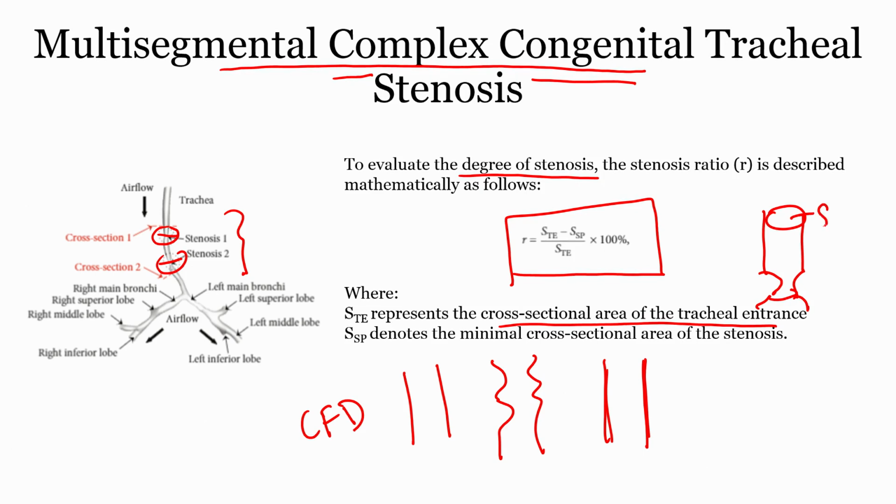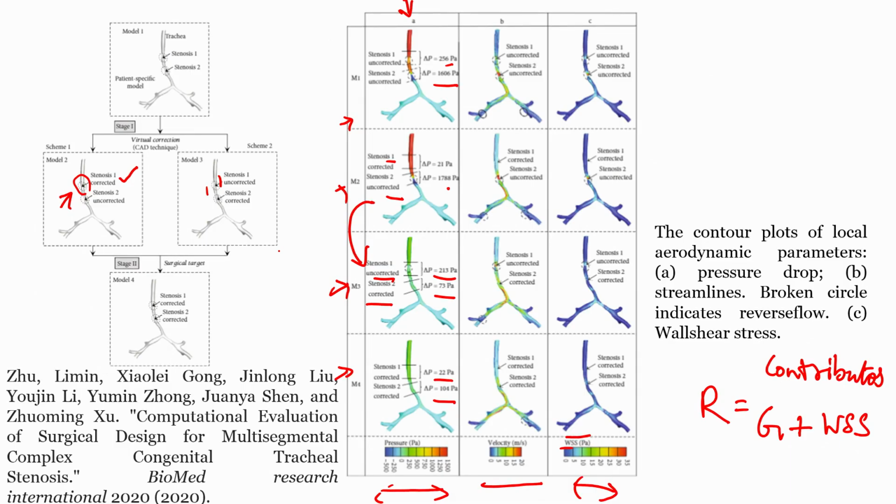This here can be calculated as STE, and this area is SSP, that is the cross section area of the stenosis. This can tell you the stenosis ratio, and this is important so that you correlate this with the change in fluid flow through the channel.